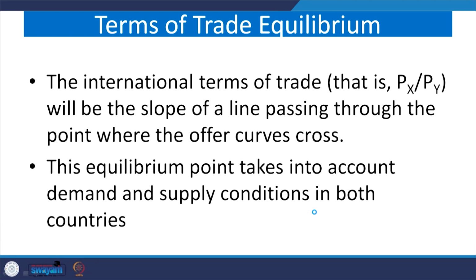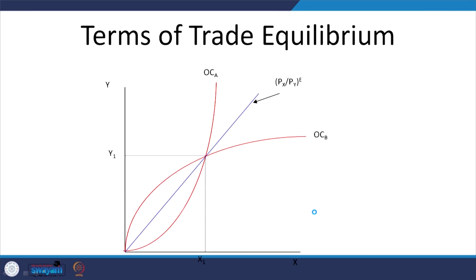The equilibrium takes place between the demand and supply conditions in both countries, because it counts not just internal demand and supply, but also the external demand and supply. Now, this is the point where both offer curves intersect.